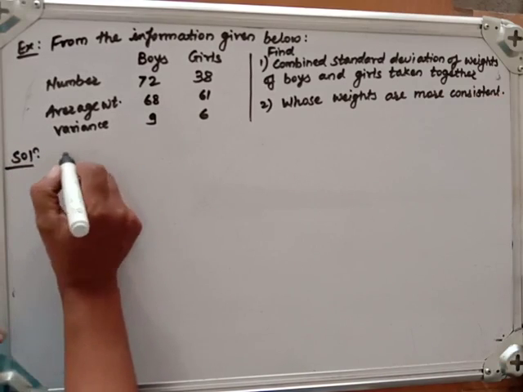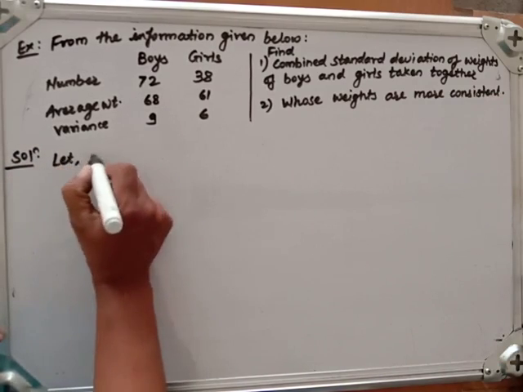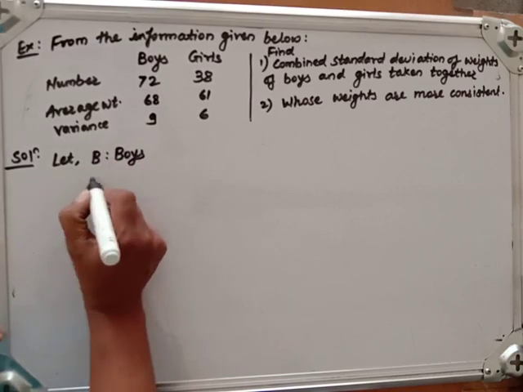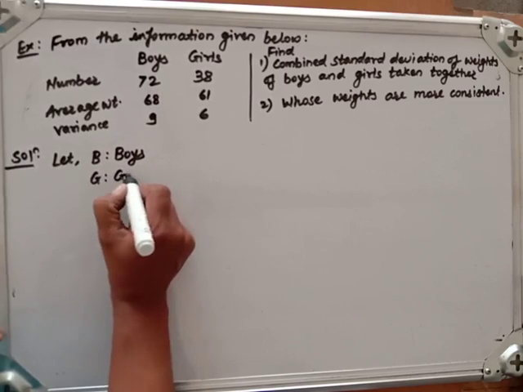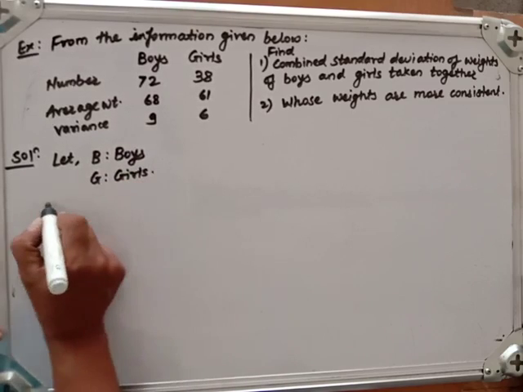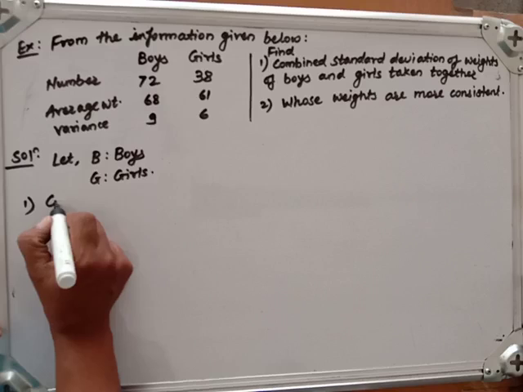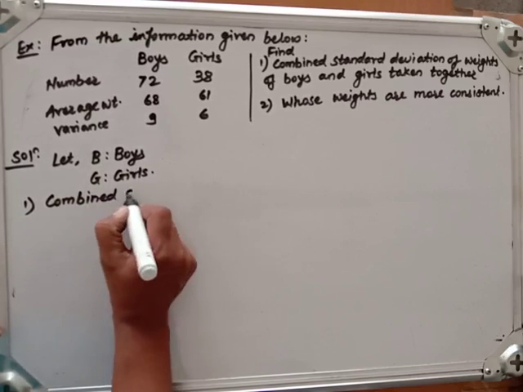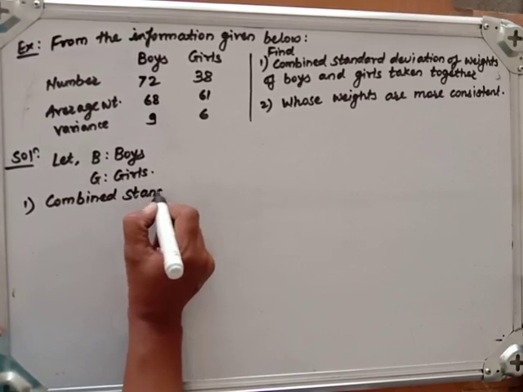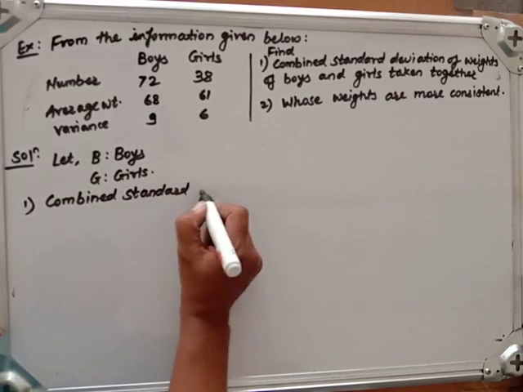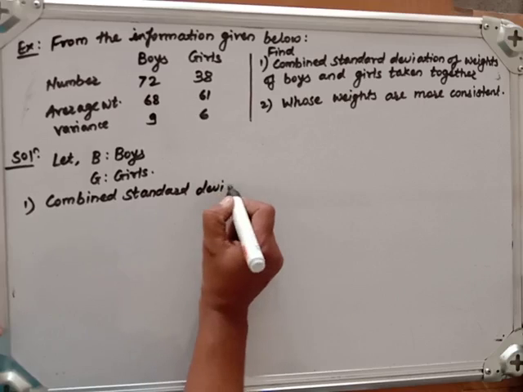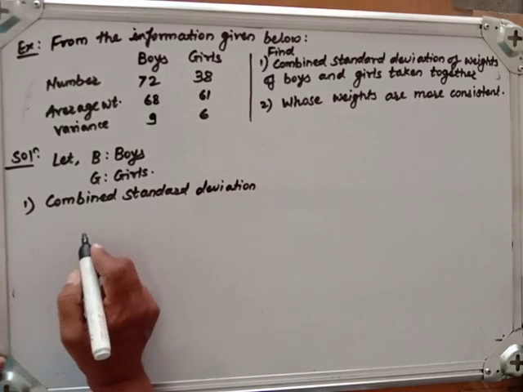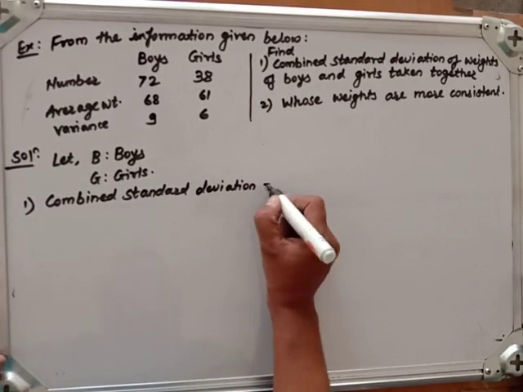Now solution for this. Let B denote boys and G girls. The first thing, combined standard deviation. You know the result for that.